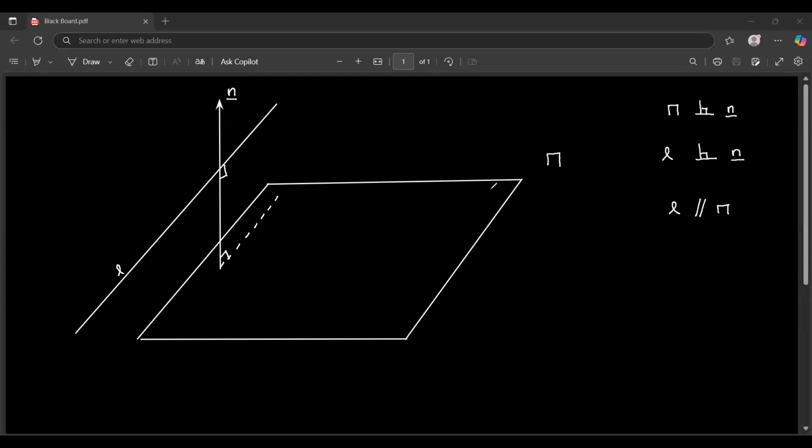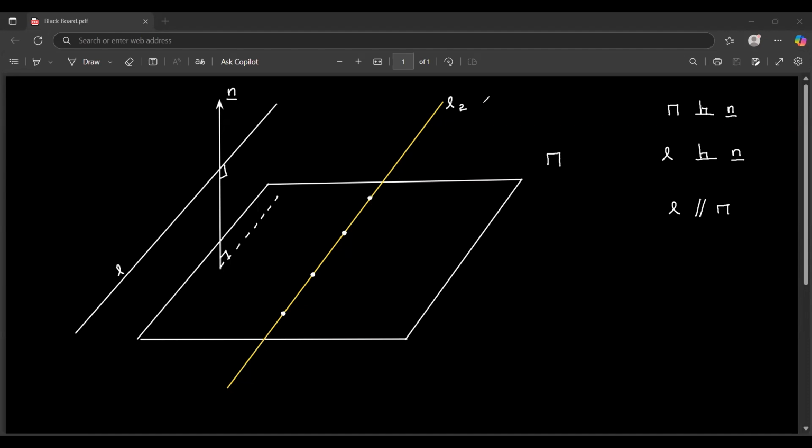And if the line L lies on the plane, the idea is that any point on the line, let's name this line L2, any point on L2, I mean, if we get the vector equation or parametric equation or the Cartesian equation of L2, we can find an infinite number of points on L2.